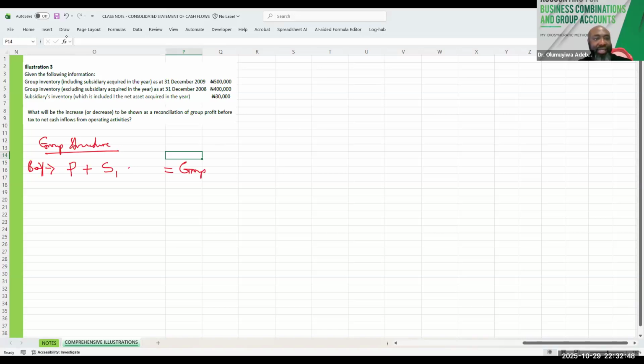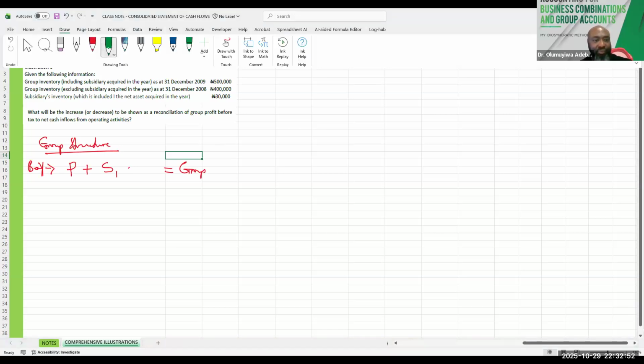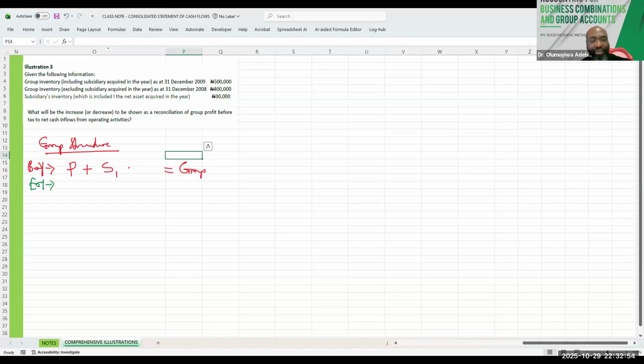But at the end of the year, that's the reporting date, it is now P plus the same S1, but now during the year we've added what? S2. Therefore, the group is now enlarged.